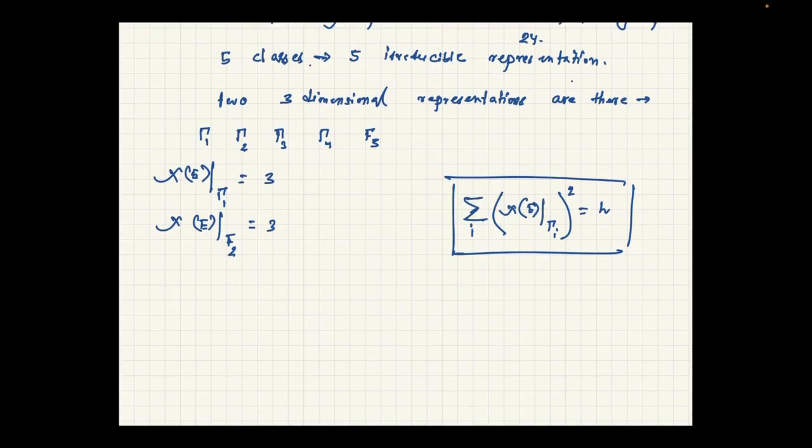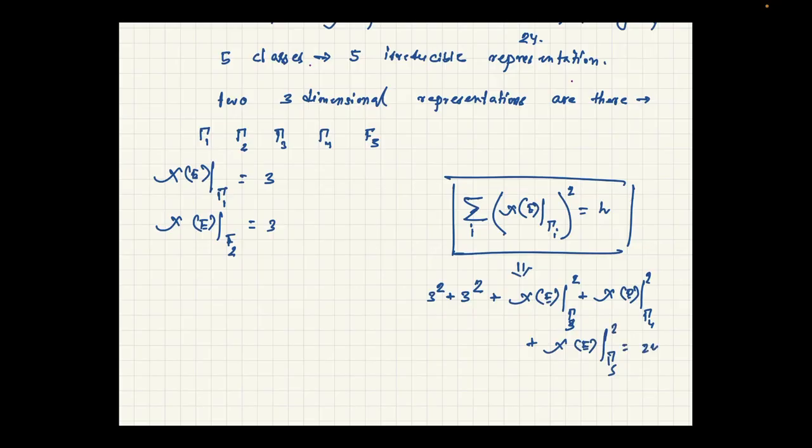So it will be 3 squared plus 3 squared plus chi E for gamma 3 squared plus chi E for gamma 4 squared plus chi E for gamma 5 squared will be equal to 24, right?